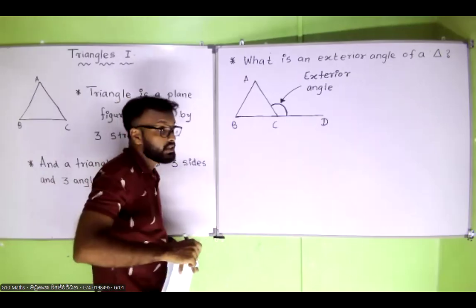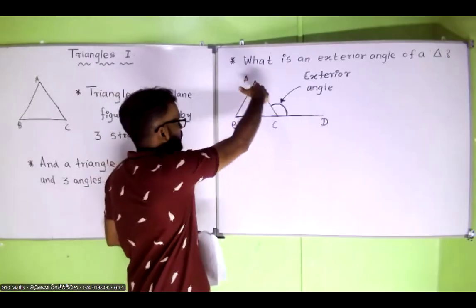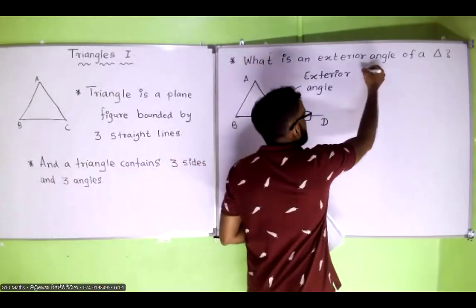Let's write how we obtain an exterior angle by using a simple triangle. Let's write it here.